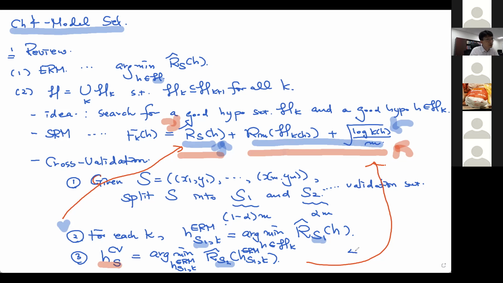Step 4, let's return h_S^CV. Okay, what's good about this? Compared to the structural risk minimization, it's much simpler. We don't have to compute, especially we avoided the computation of Rademacher complexity.